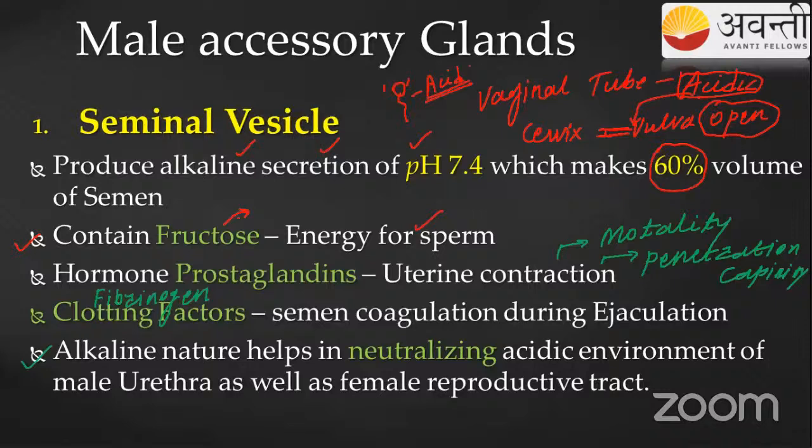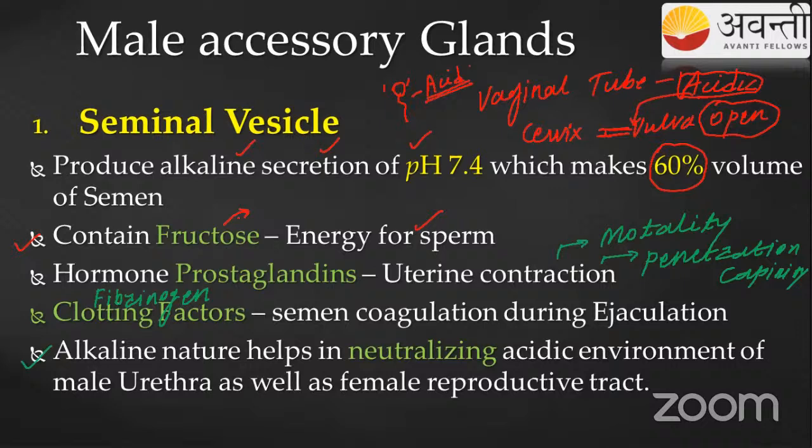We want to neutralize it because we want to transport the sperm from the vaginal way. That's why it contains fructose, fructose for the energy, prostaglandin for the motility and penetration capacity of the sperm cell. So it contains some clotting factor.